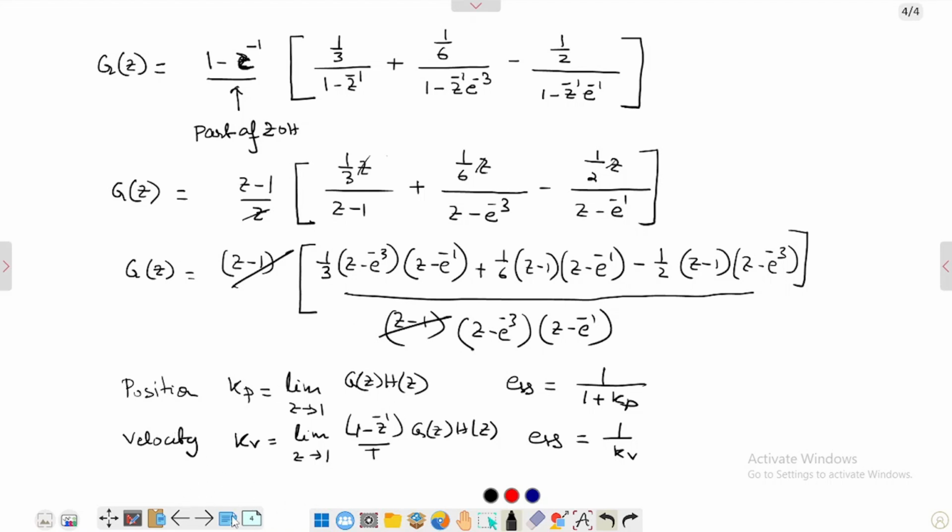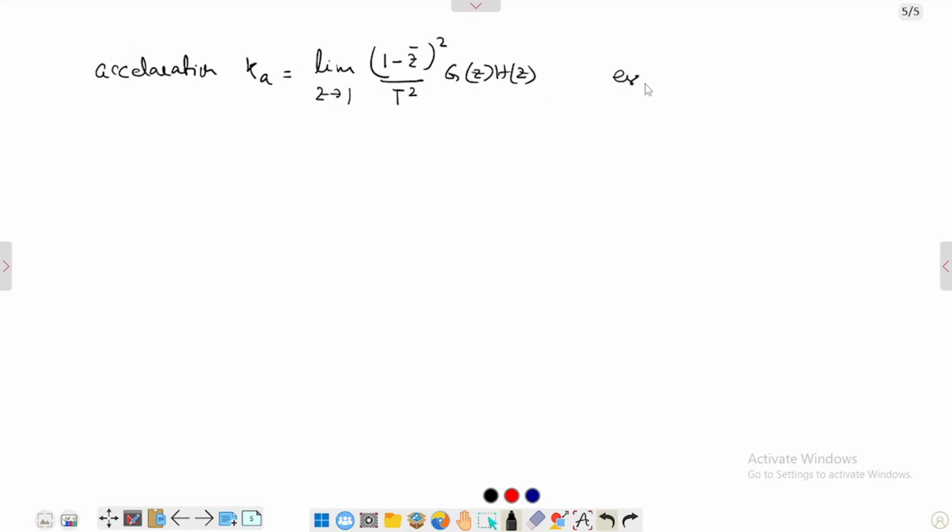And next I will have the acceleration error constant Ka, which is given as limit z tends to 1 of ((1 minus z inverse) squared) by T squared, G(z)H(z), and the steady state error is 1 by Ka.